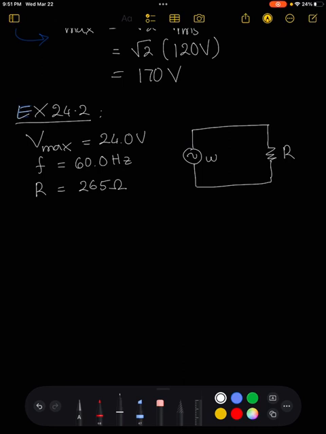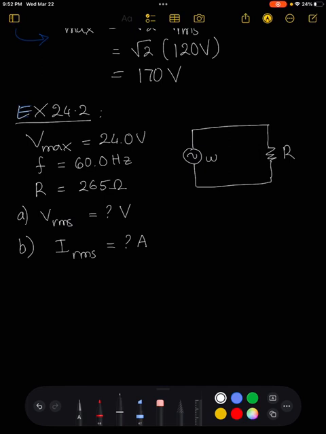The question is, with this given information, we have to find A. The RMS voltage. B. The RMS current flowing through the circuit.